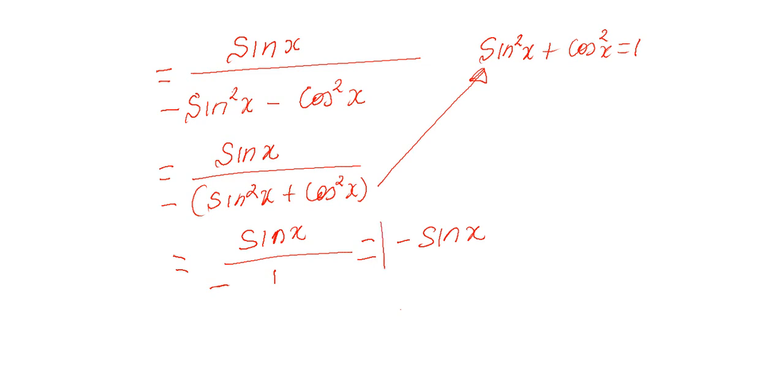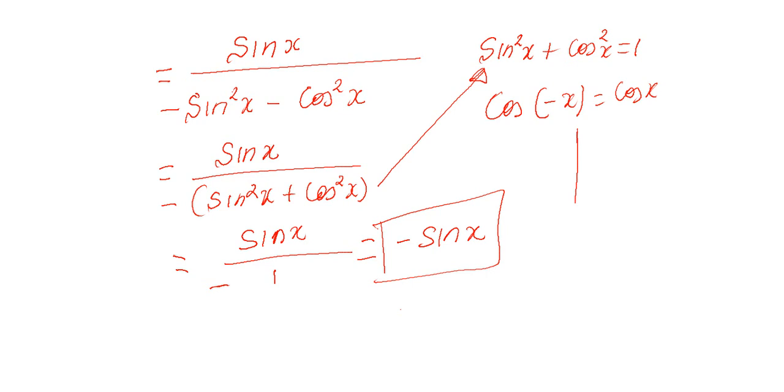Remember, I said that I will explain why cos of negative x is equal to cos x. I'm going to draw this Cartesian plane, but this one is a negative Cartesian plane. The negative Cartesian plane opens in the clockwise direction, but the positive Cartesian plane opens anticlockwise. So here we're going to have a negative theta.